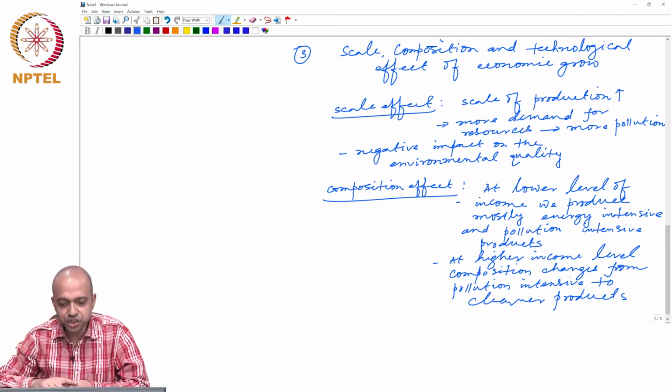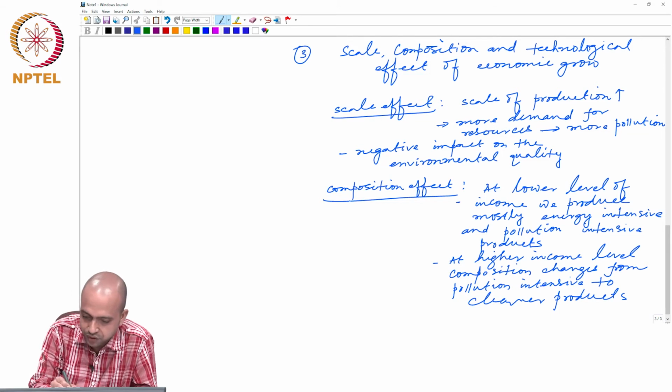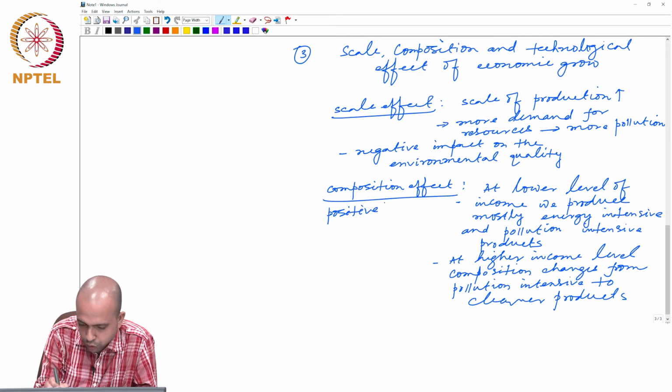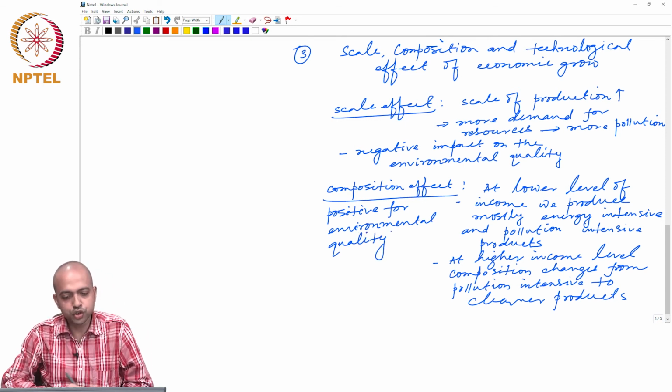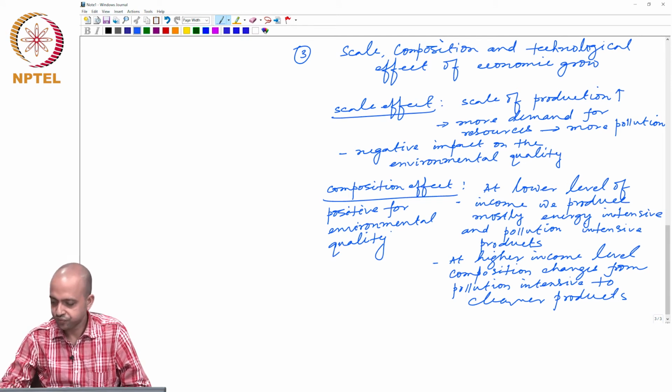So, this composition effect is positive for environmental quality.